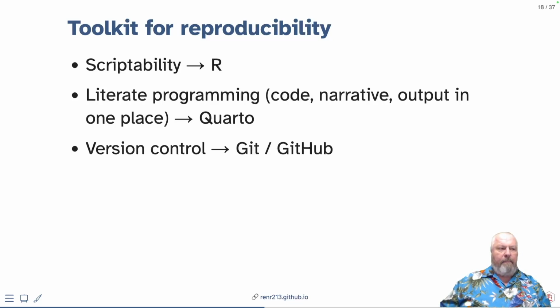Another bit that's important is literate programming. What we're going to do here is use Quarto to make sure that we've got our code, our narrative or description, the story that we're telling about the data, and the output all in one place. Quarto makes it quite easy to do that.